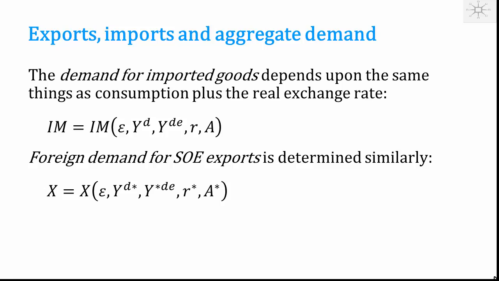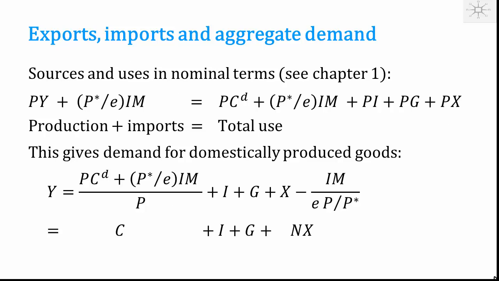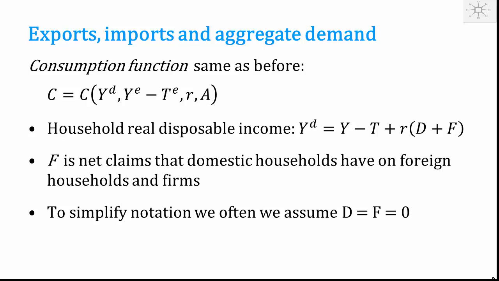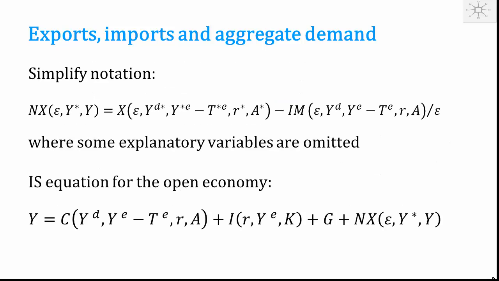And we know that if we go back here, that income was equal to consumption plus investment plus government expenditure plus net exports. And to simplify notation, we write net exports as follows. So net exports is exports minus imports divided by the real exchange rate.